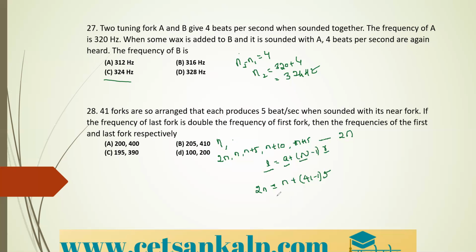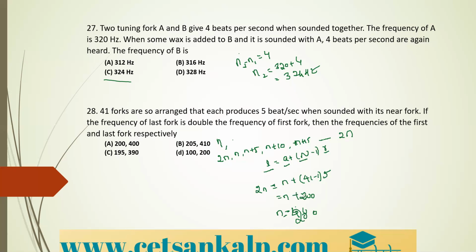If I simplify this one, it becomes n plus 41 minus 1, that is 40 into 5, that is 200. So here I can write it as 200. If I simplify this for n, then n is equal to 200, because 2n minus 1 is n.